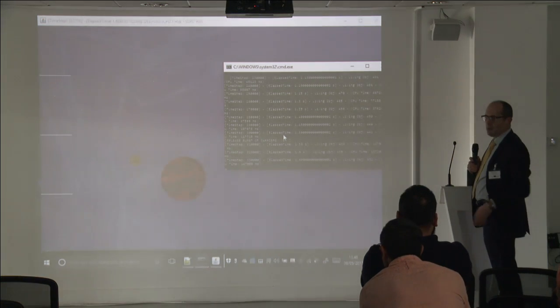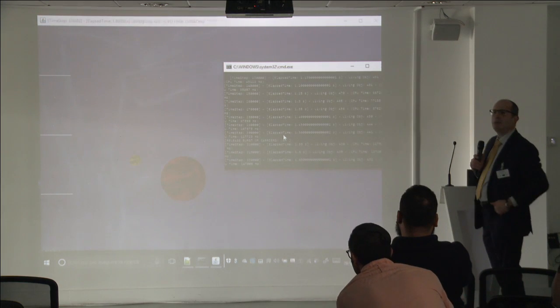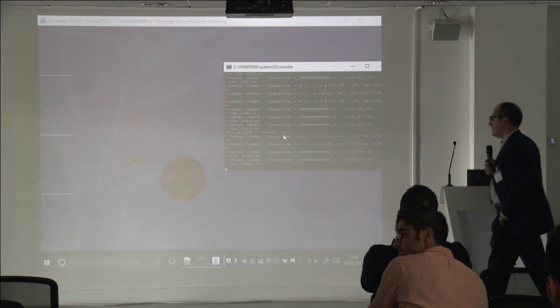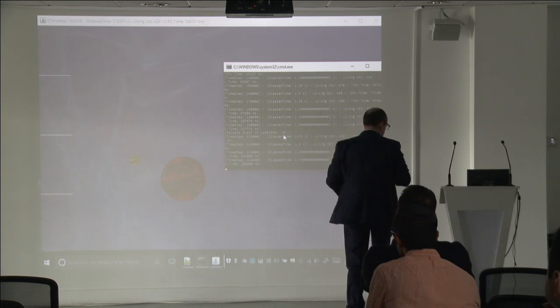So we have just one domain, the universe. Could you zoom in to the transmitter node, because from here we can see the experience. No, I can try.